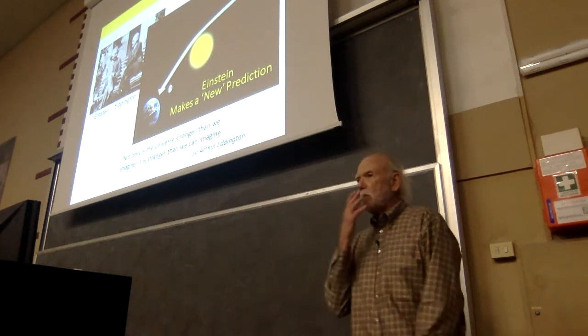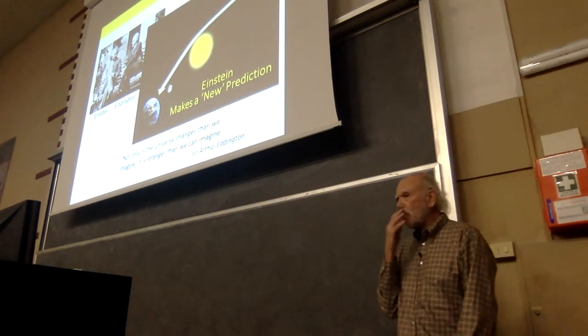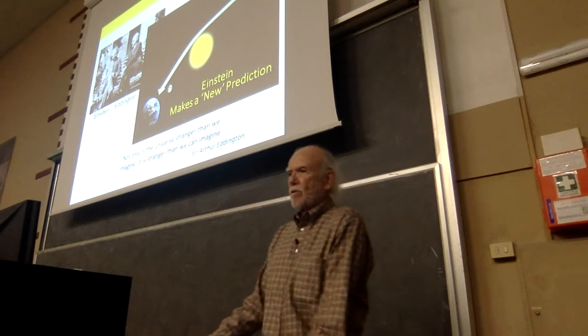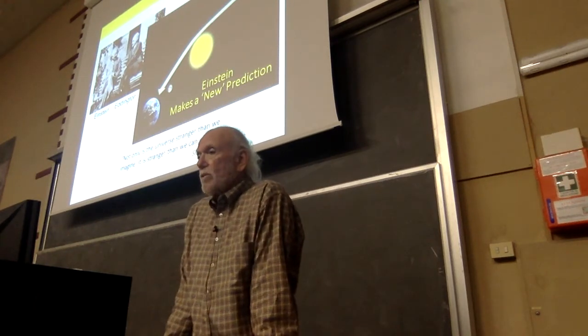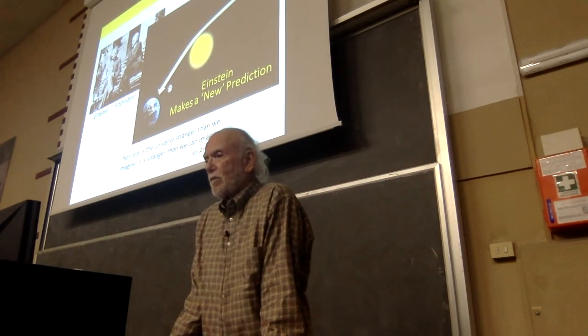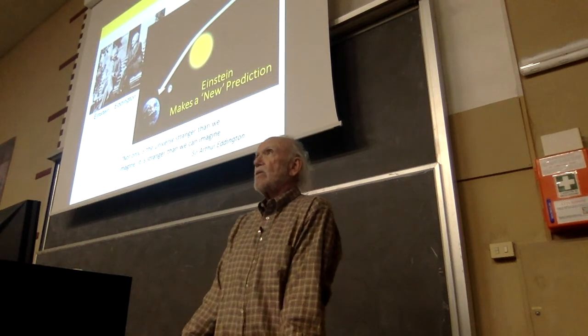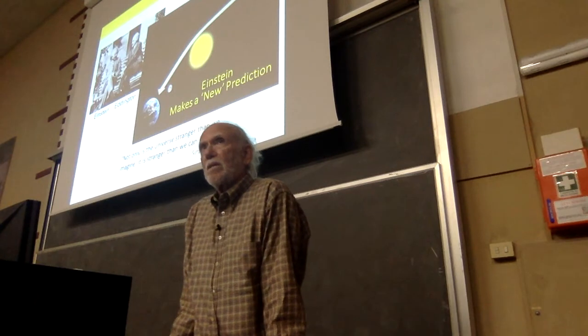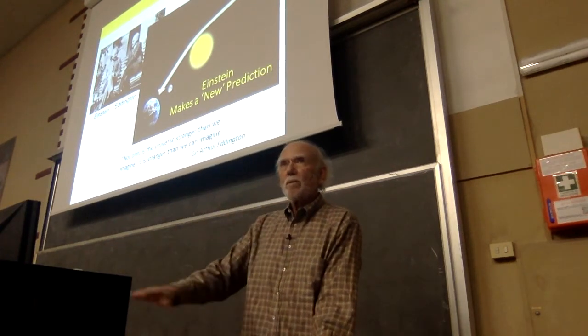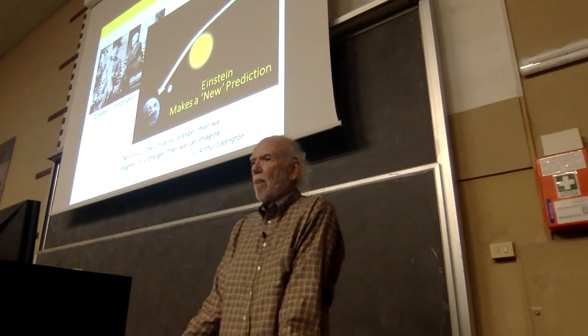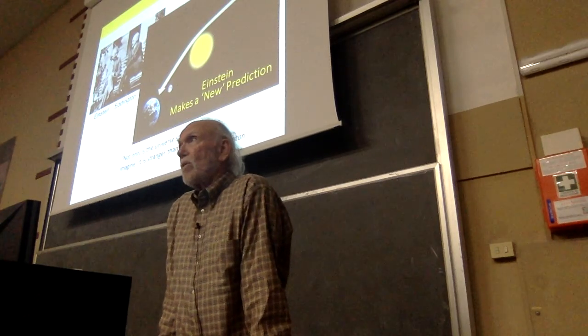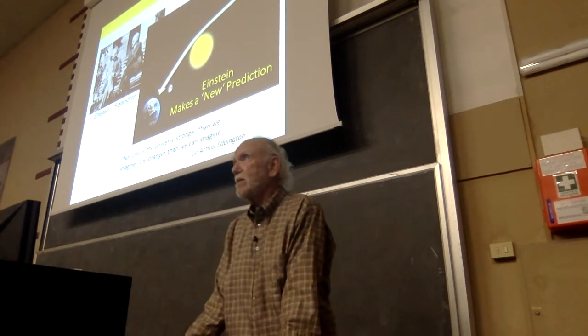And the new prediction that was made and is so well known from Einstein's theory is that not just massive objects, if they're in this curved space and time, will be affected, but also massless objects, or light itself.